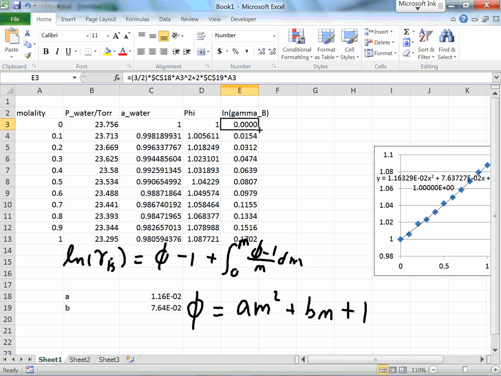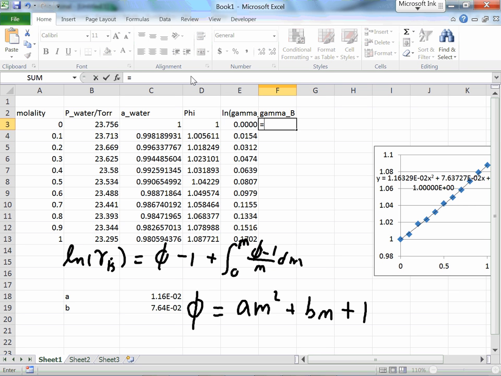So it's 0 for the top one, right? And these are your numbers. Now, these are not going to be exactly the same as in the book, because what he did in the book is he went all the way to 6 molal, and I think he went over like 5th order. So there's your ln gamma B, and then the final step will just be gamma B. How do you get gamma B if you know ln gamma B?